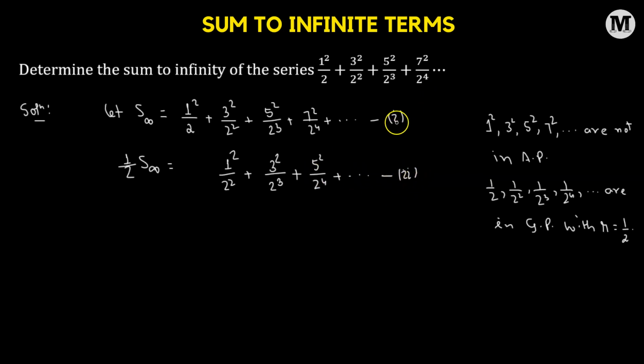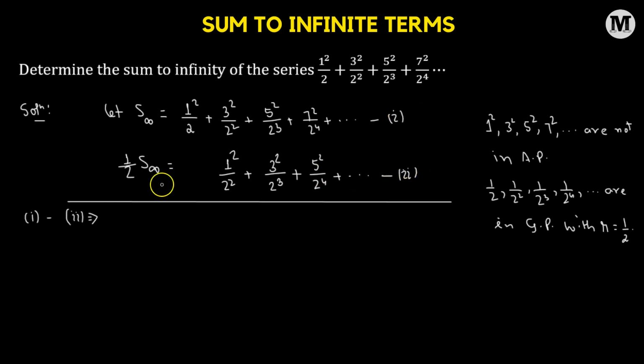Now what we'll do, we will subtract 2 from 1. On the left hand side, we have 1/2 of the sum up to infinite terms. This will be equals to the first term 1 squared over 2 added to, now what we'll do, we'll take 3 squared over 2 squared, and from here subtract 1 squared over 2 squared. So that's going to give us 3 squared, that's 9. 9 minus 1, that's going to be 8.